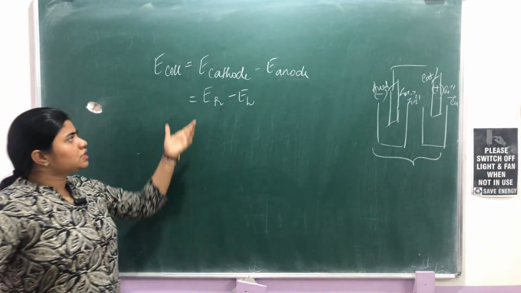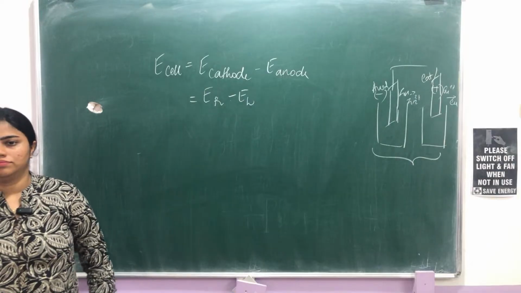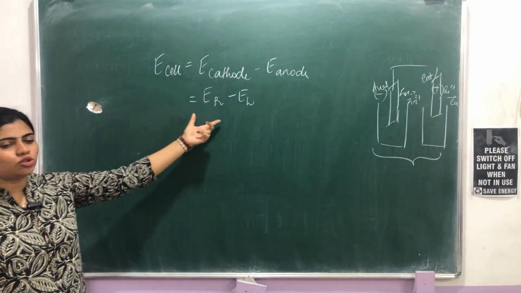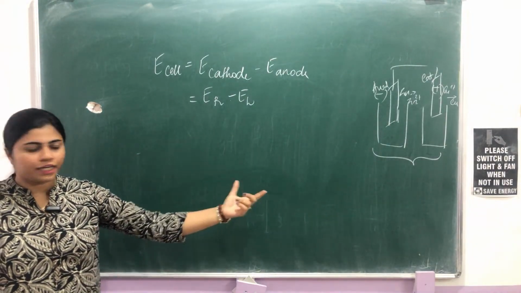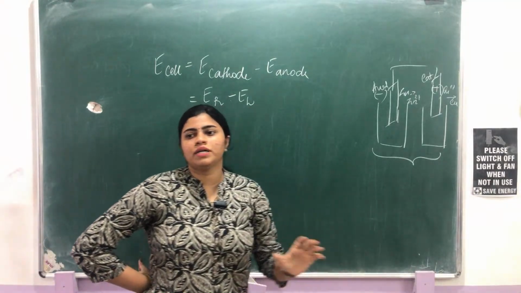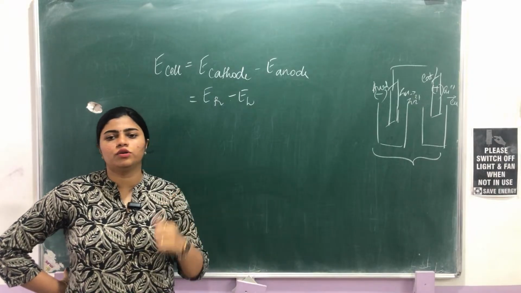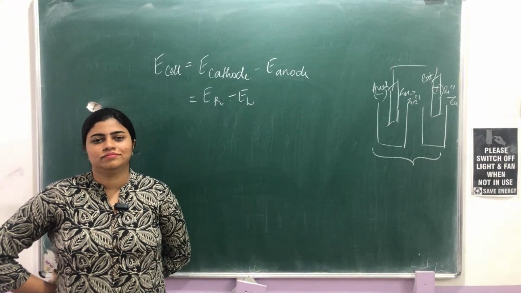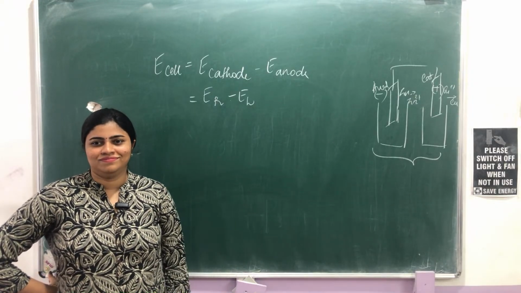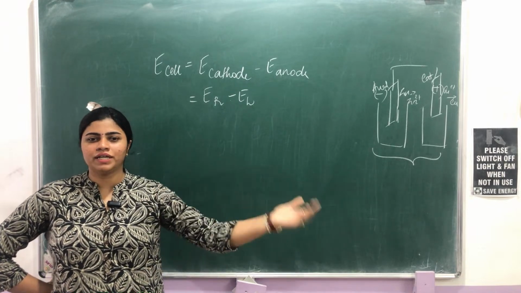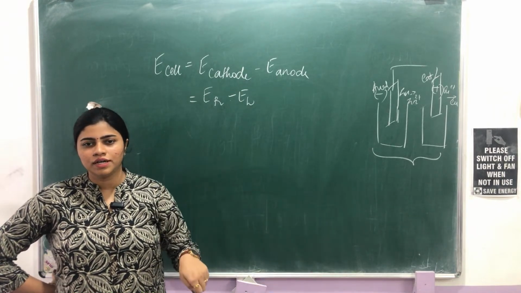Now, imagine I don't know one of these. To calculate E cell, do I require both? I need to know both the cells. So imagine I know only one of the cells' potential and I don't know the other cell potential. What will you do? Can we take help of somebody else to help us to find? Yes.